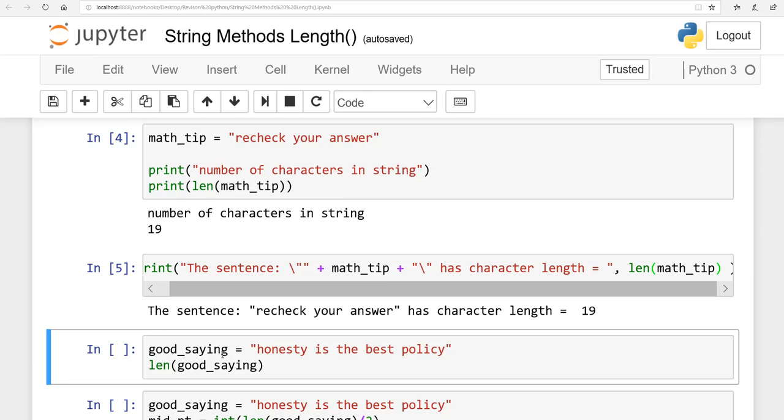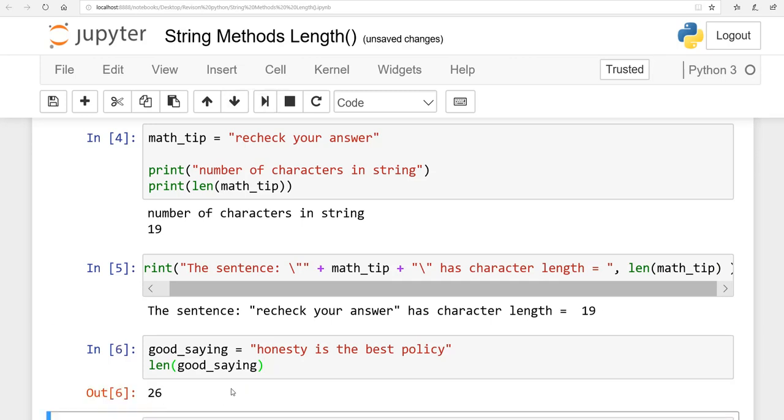Good_saying is a variable and it is initialized by the string "honesty is the best policy". Len(good_saying). See, I didn't use the word print. I just said len, L-E-N. Do not write the complete L-E-N-G-T-H. Only L-E-N, then good_saying. So when I run this, see, there are 26 characters.